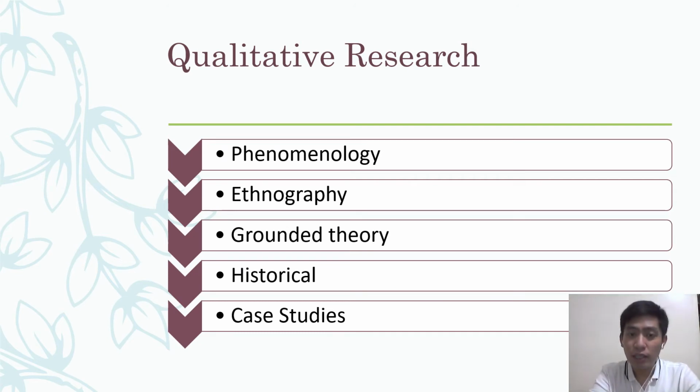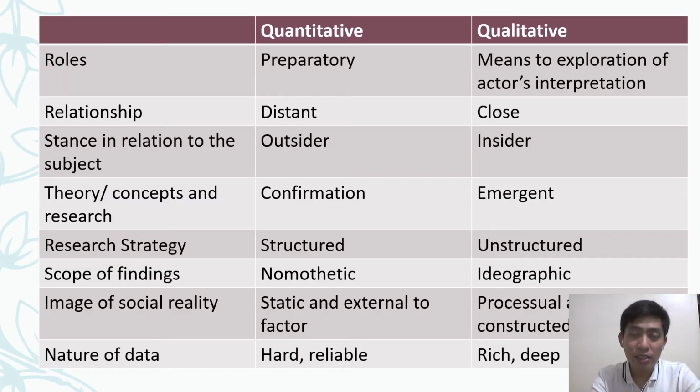So that's historical. And last is case studies. A case study is an in-depth analysis of a patient, if it's a case study analysis, or an individual or a situation, and then you should analyze it. So next is the comparative analysis of quantitative and qualitative research.